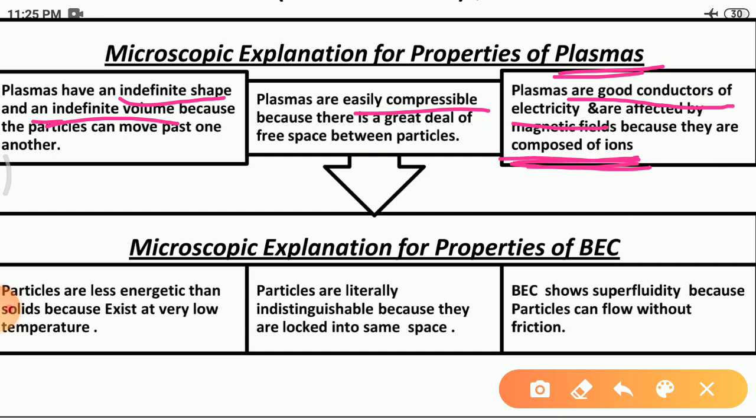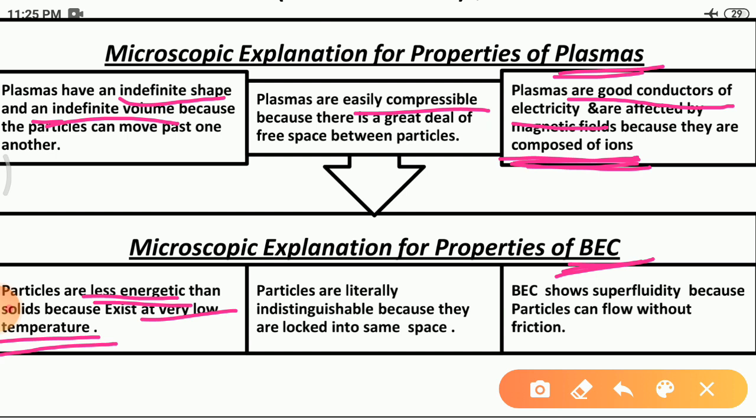Now, the microscopic explanation for properties of BEC, Bose Einstein condensate. Particles are less energetic. In this state, particles are less energetic than in solids because they exist at very low temperature.